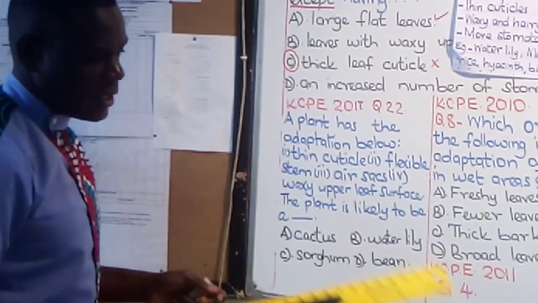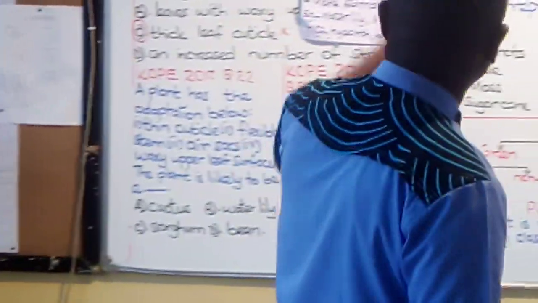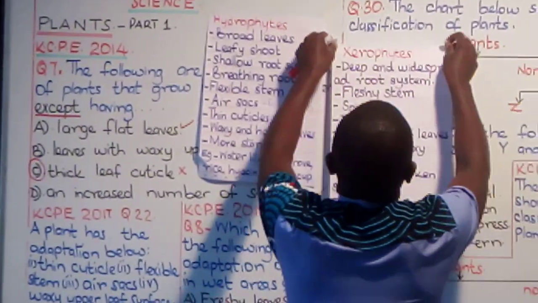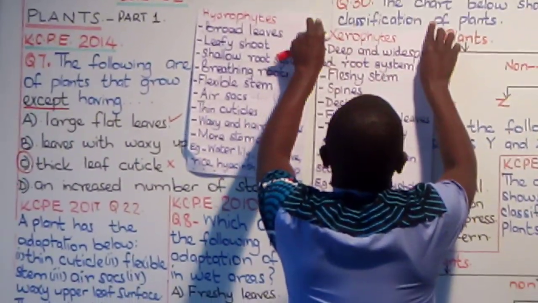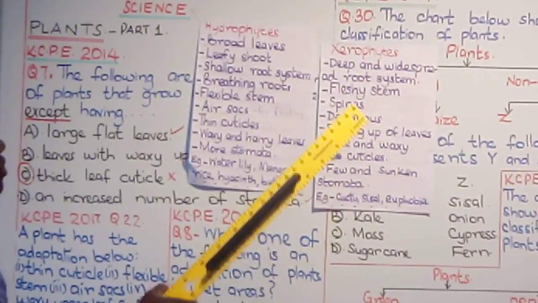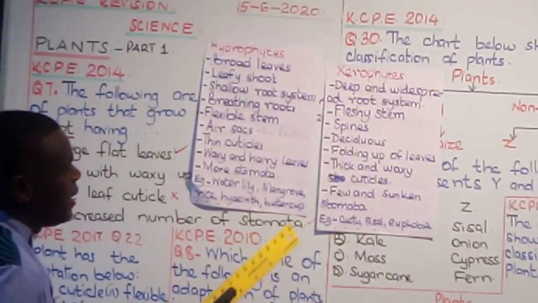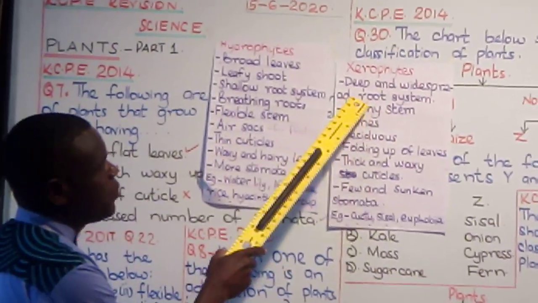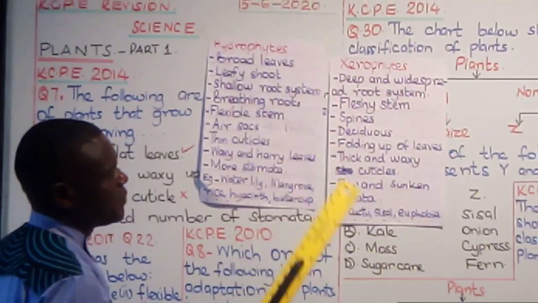Now, boys and girls, apart from the hydrophytes, we have plants that grow in dry areas. Plants that grow in dry areas are known as the xerophytes. The xerophytes, they are the opposite of the hydrophytes. Their roots are deep and widespread.